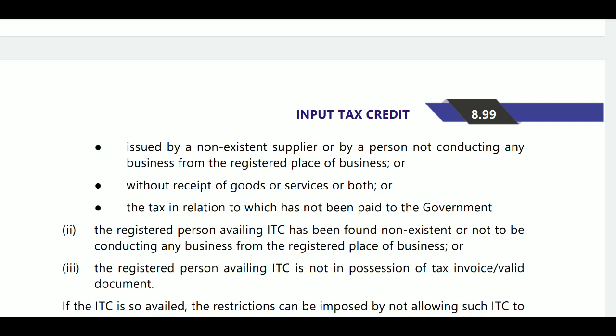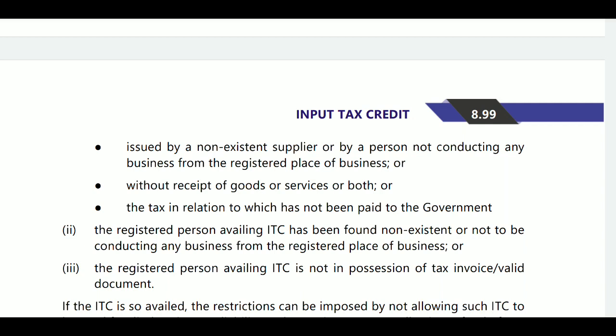If a person does not have any registered place of business and has issued that invoice. Next, without receipt of goods or services or both. There is no receipt of goods, we only have an invoice. Or the tax in relation to which has not been paid to the government. So the restriction can be imposed in the following cases.